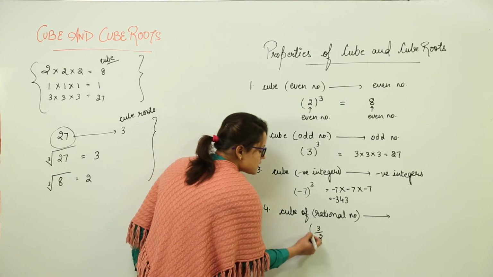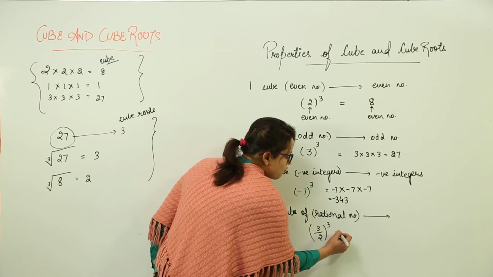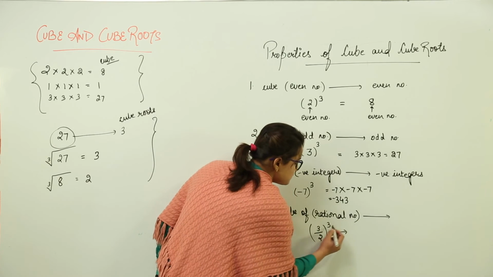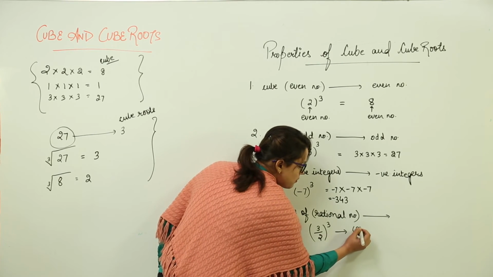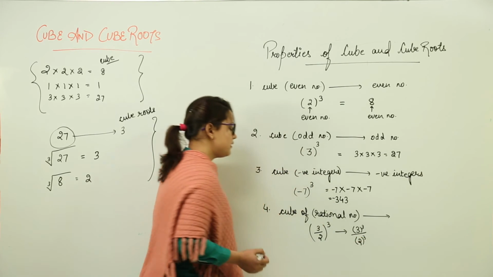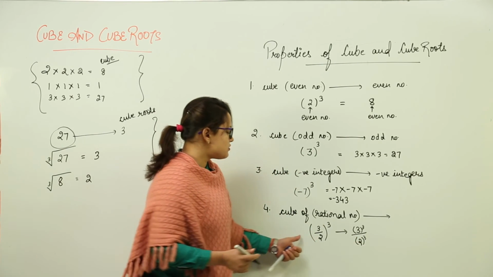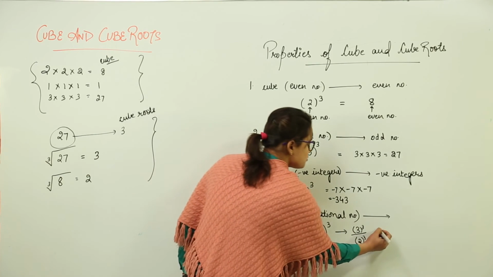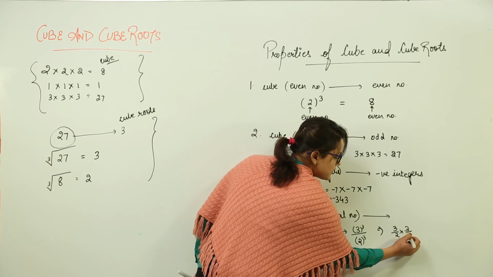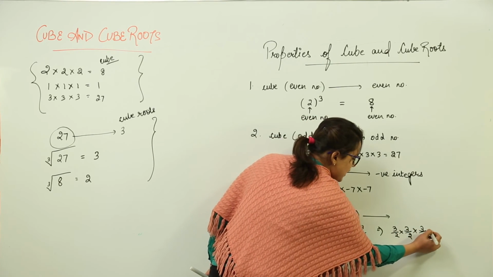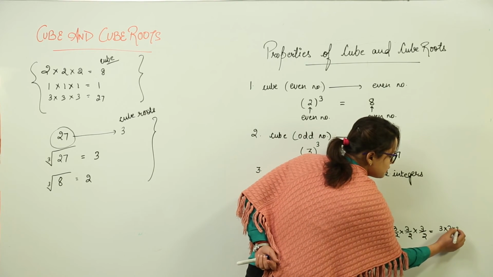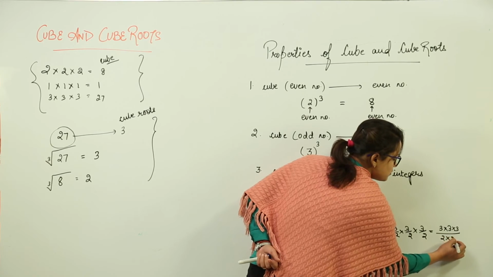Now over here, this rational number's cube has to be done. What do we get as the answer? Let us find it out. This means we are doing the cube of the numerator and the cube of the denominator separately, right? You can try and check. On the left hand side it will be equal to 3 by 2 into 3 by 2 into 3 by 2, and on the right hand side it would be equal to 3 into 3 into 3 over 2 into 2 into 2.